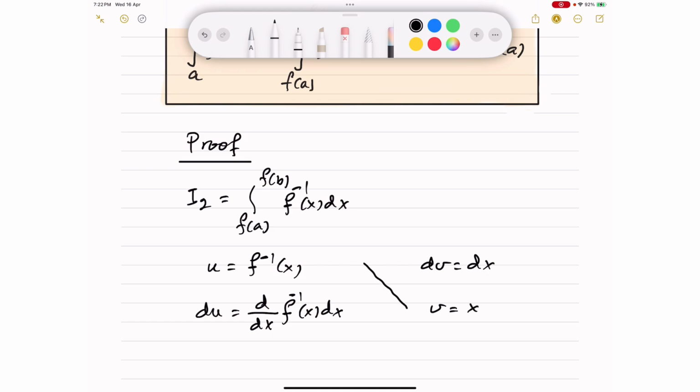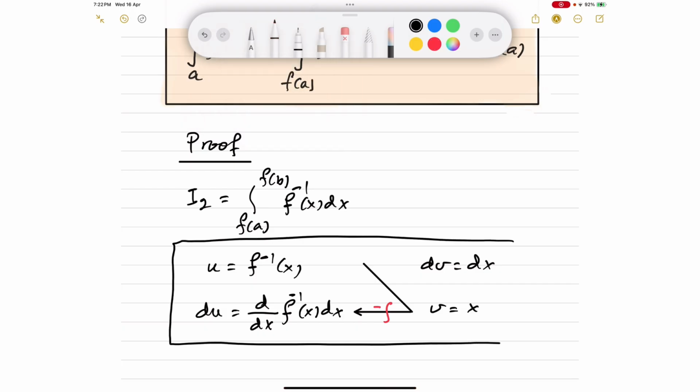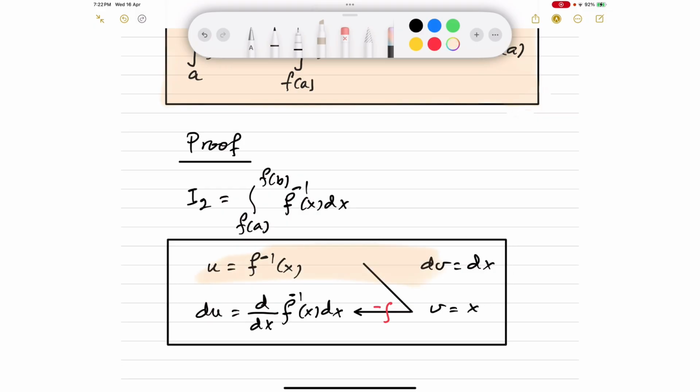Then we multiply u by v, and then subtract the integral of v times du. I'll put in red a negative integral here so that we know how to do this. I'll put this in a box and highlight it so that everything is organized and easy to follow.